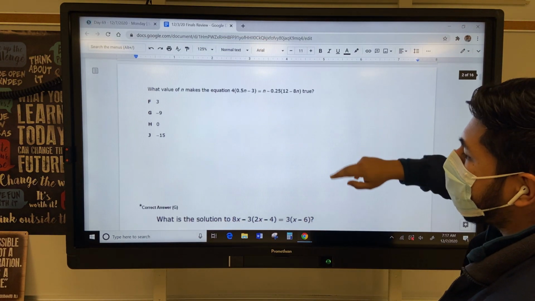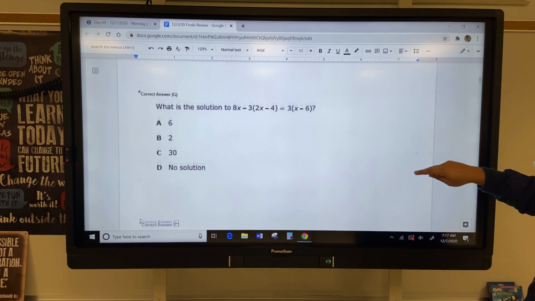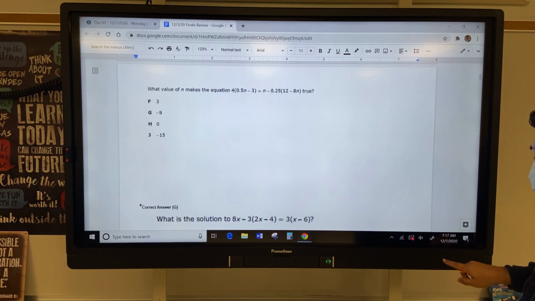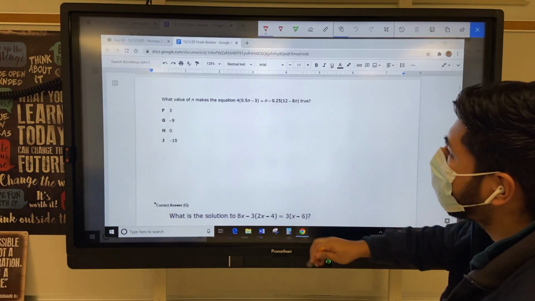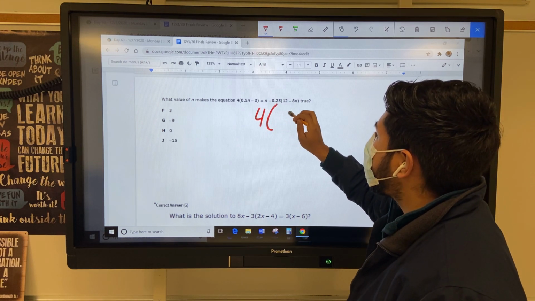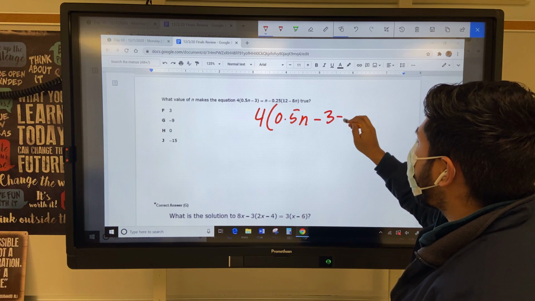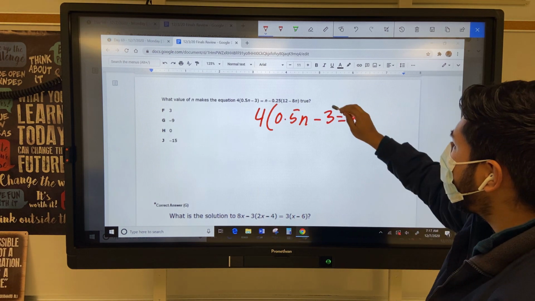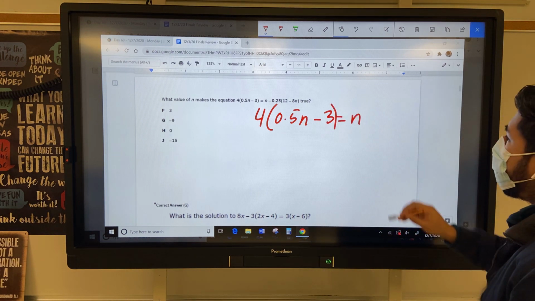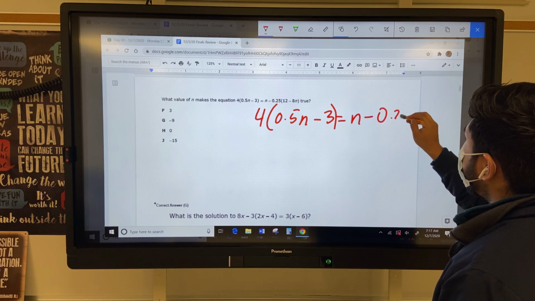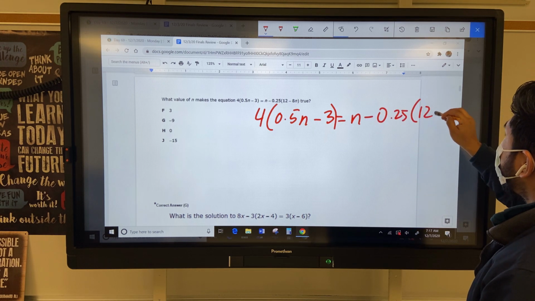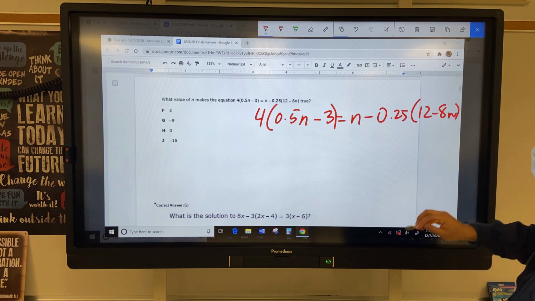Another one, exactly the same for 3 and 4, and right here also. Let's do it. 4 parentheses 0.5n minus 3 equals n minus 0.25. This is a long one. 12 minus 8n.